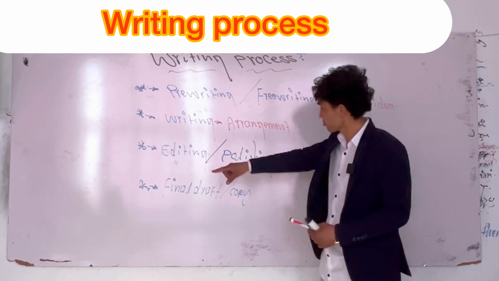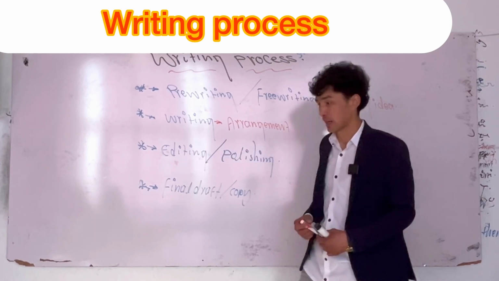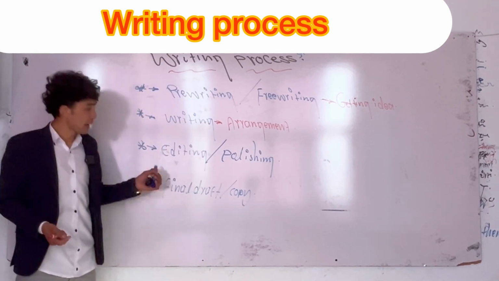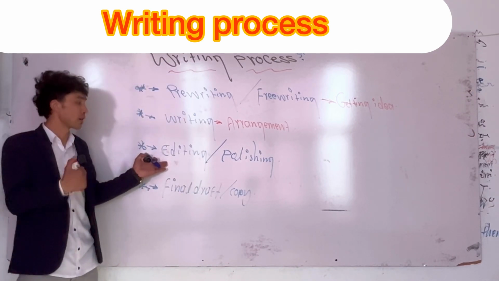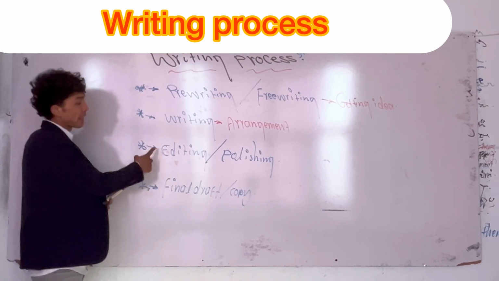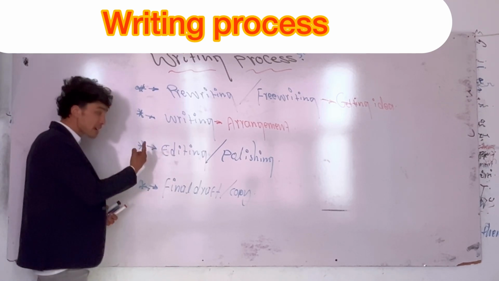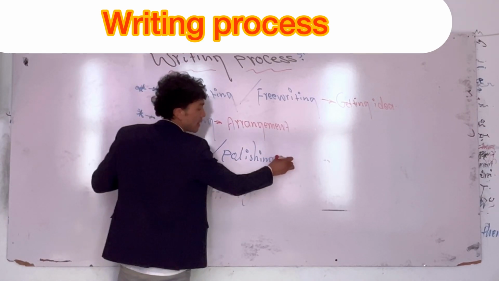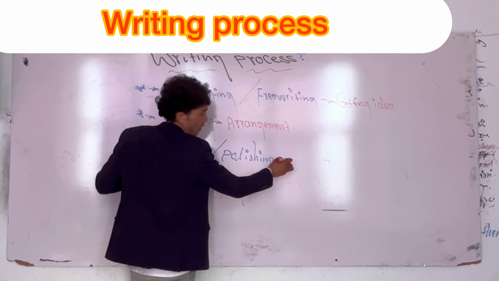Sometimes if you have senior friends around you, you give your paper to him or her and let them check for you. The purpose of this step is checking or correcting the mistakes.